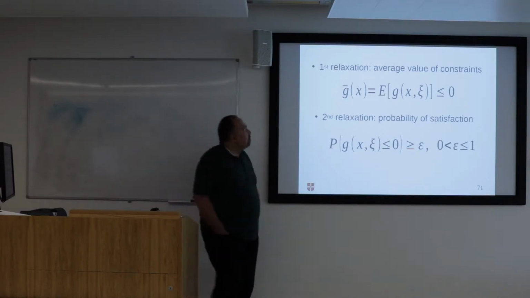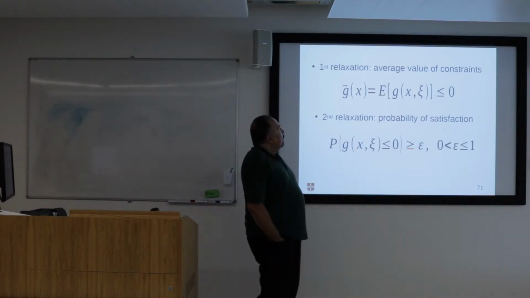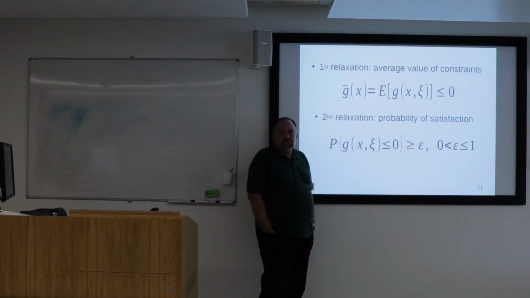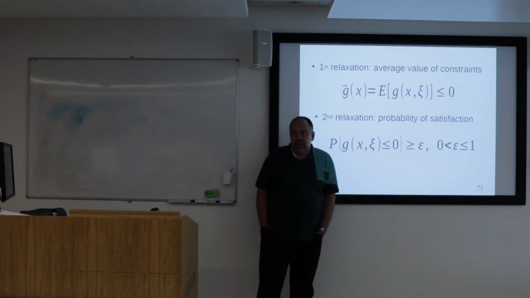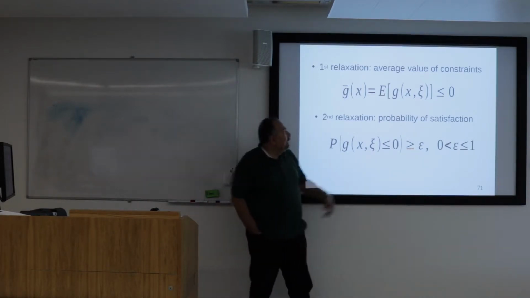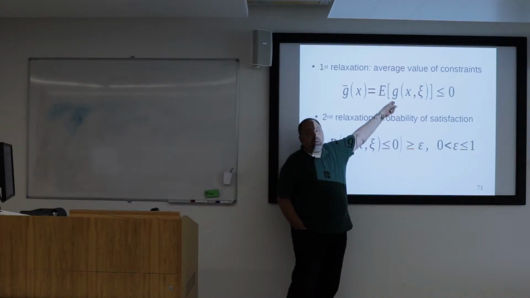So the first type of relaxation is that we do to inequalities what we did to the objective function. We take its expected value, that's the mean value of the constraint with respect to the parameters xi, and we say that this mean value should be less or equal to 0, whereas in reality we wanted all g to be less or equal to 0.